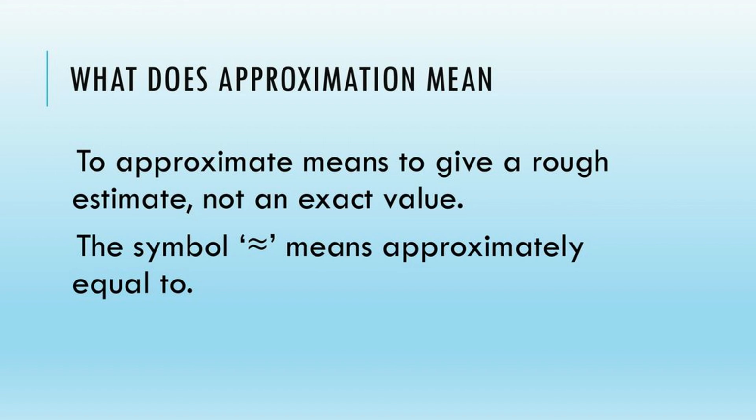So instead of using the equal sign, there is a symbol for approximation which looks like an equal sign, but it's not straight. It's like this. We read this as approximately equal to. So again, the meaning of this is it's not the exact value, but it's near the exact value.